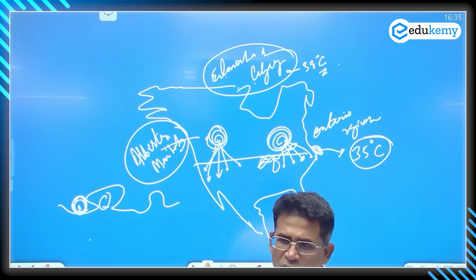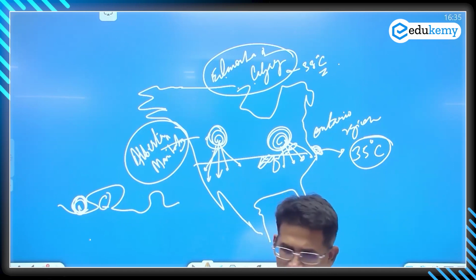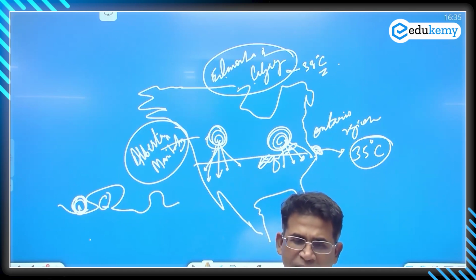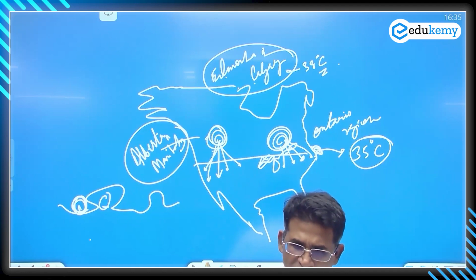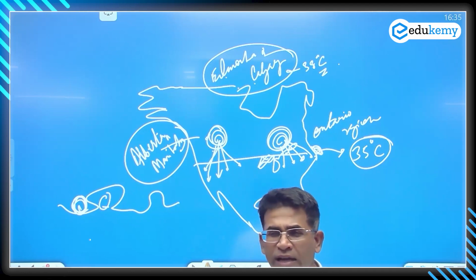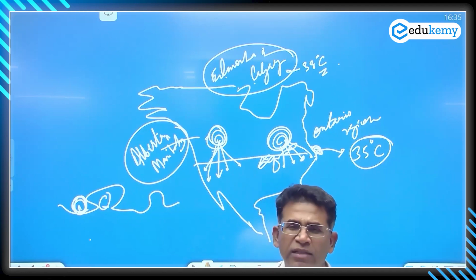shifting agriculture, which in the Nilgiris and parts of the Eastern Ghats we call PODU agriculture, P-O-D-U. In Andhra Pradesh, Karnataka, Odisha.